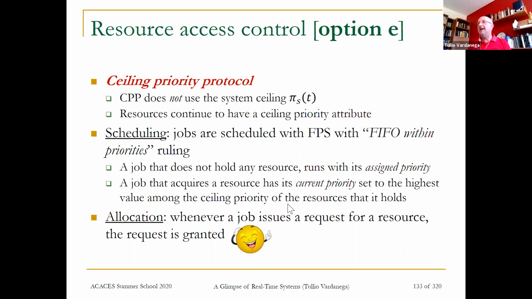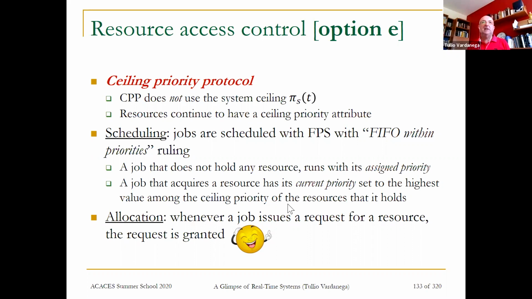If you think harder, in a Sherlock Holmes type of reasoning, and Mr. Watson next to you says, oh, that's obvious, now I see why. Because the system ceiling really doesn't matter.